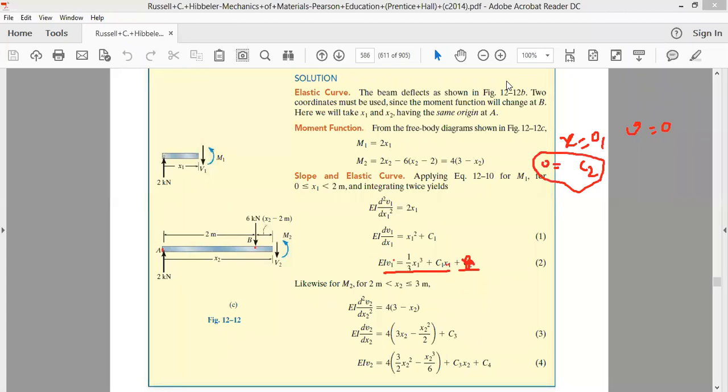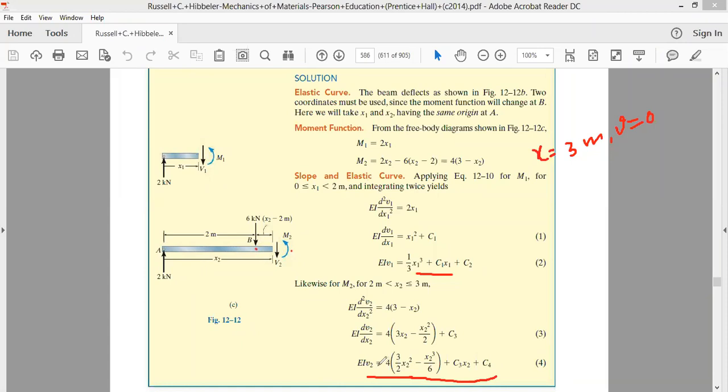Now going ahead, we know at x equal to 3 meter, the value of our deflection is again equal to 0. But for this value of x equal to 3, we will not be using this equation. Now we'll be using this equation, the reason being that this is the equation valid for the region going from x equal to 2 to x equal to 3 meter.